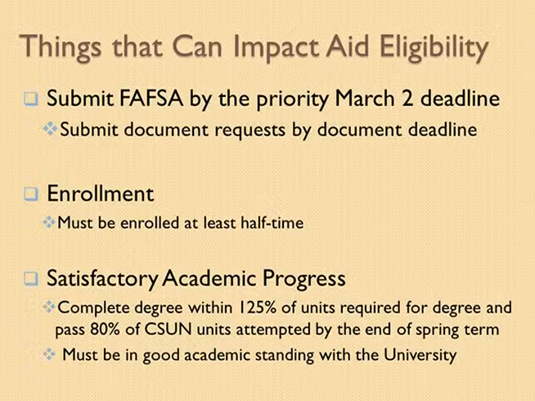So very, very important that you focus and do well in your courses and pass, as mentioned, at least 80% of the units that you attempt, and only take courses that are required for your degree.